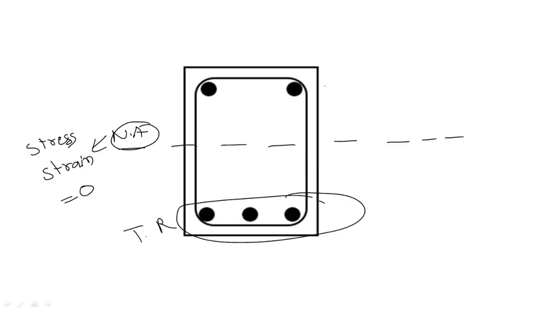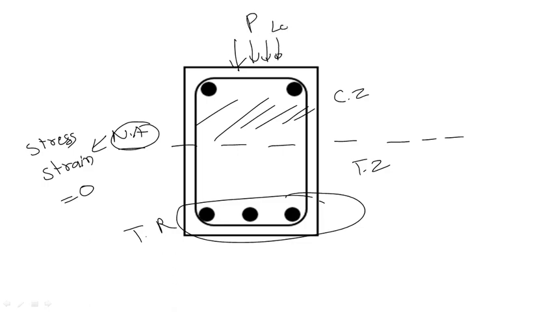See, this top portion we call the compression zone. This bottom portion below the neutral axis we call the tension zone. When you apply the load P here, this load will be carried by the concrete, and the tensile stresses will be carried by this steel.